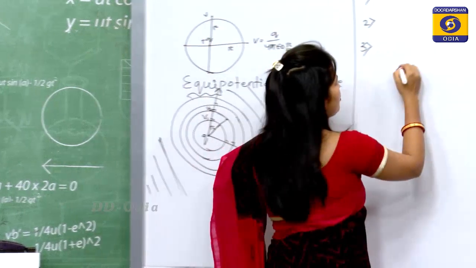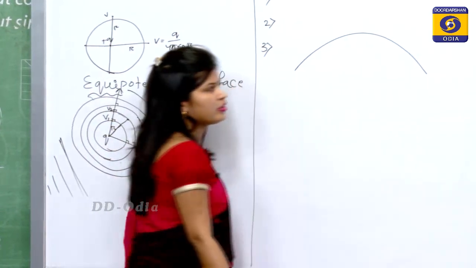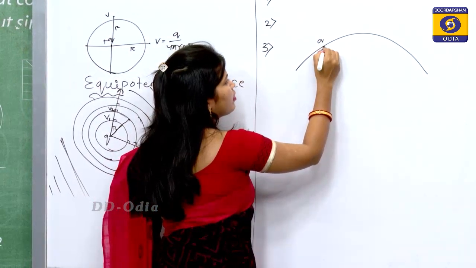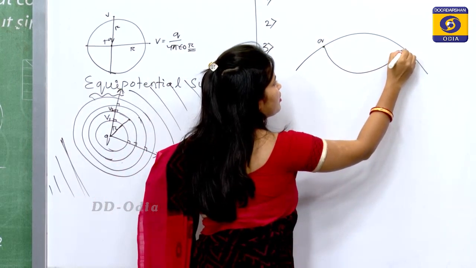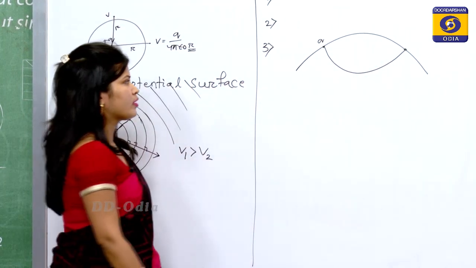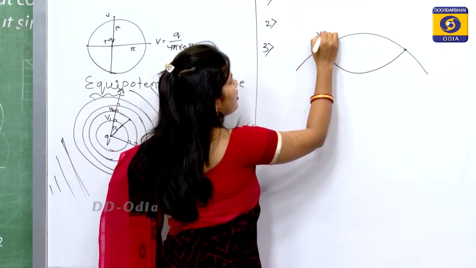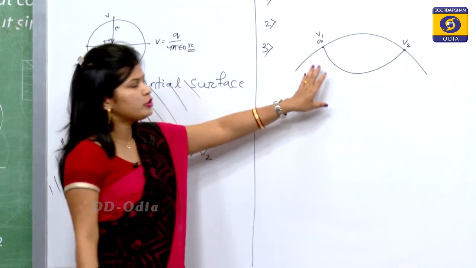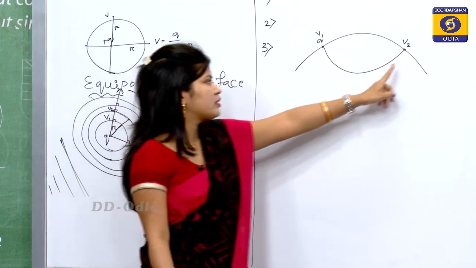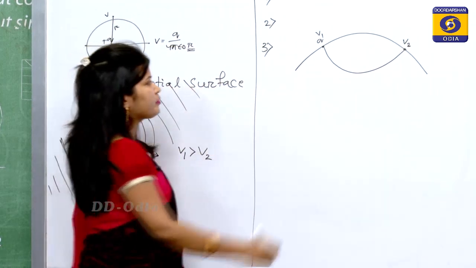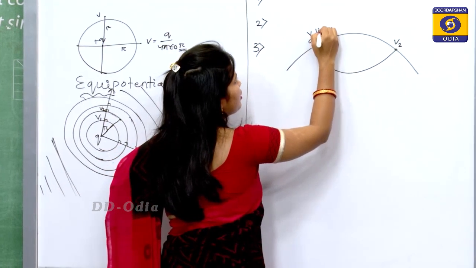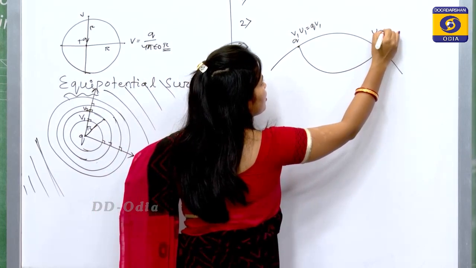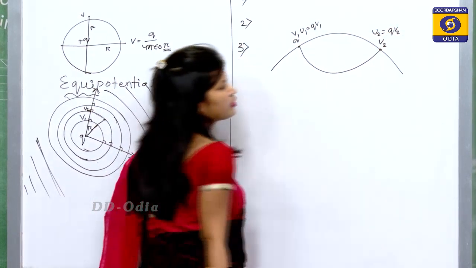The third one is the most important point. See, suppose I have an equipotential surface like this and I take a charge q from this point to this point. Here I have potential V1, here I have potential V2. Then how much work do I have to do taking this charge from this point to this point? See, here energy U1 is equal to q into V1, energy U2 is equal to q into V2.